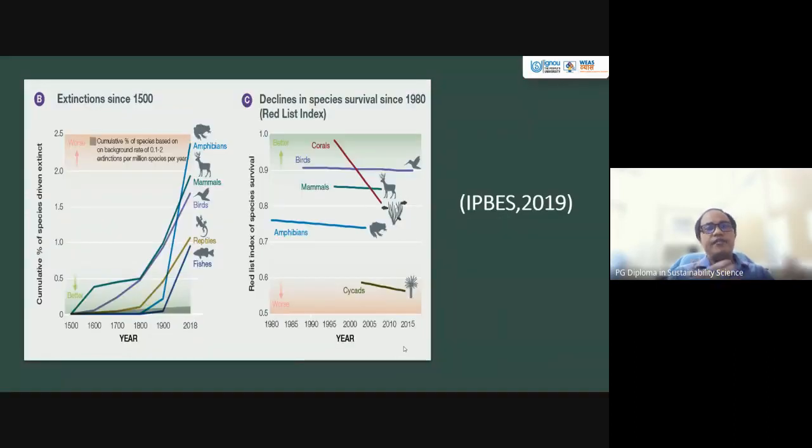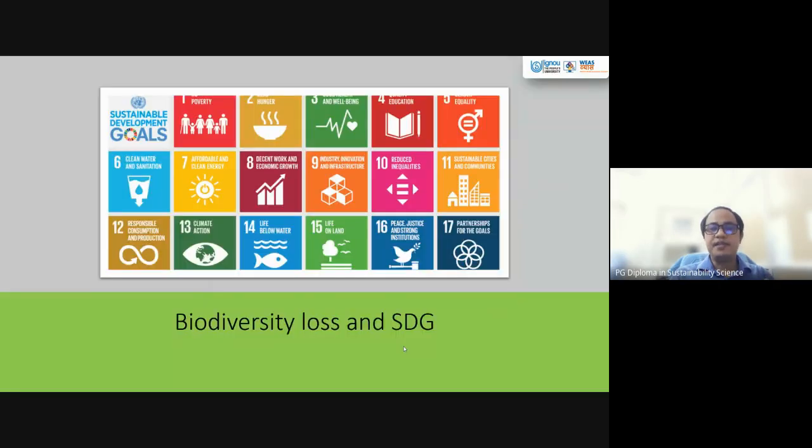And if you look into extinction since 1500, you'll find that the cumulative species extinction rate has certainly increased after 1900, right? In the same way, declining species survival means the survival rate is declining, right? This is an extract from the IPBES report. So the point is that when you talk about biodiversity loss, we sometimes have a gap of understanding.